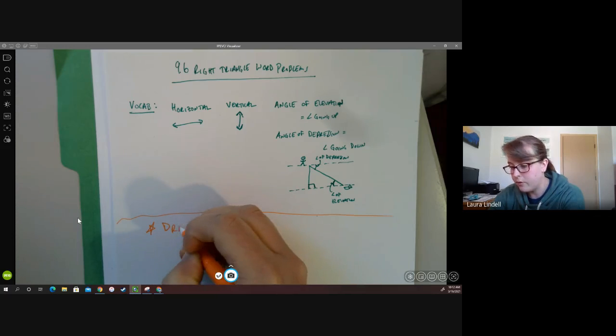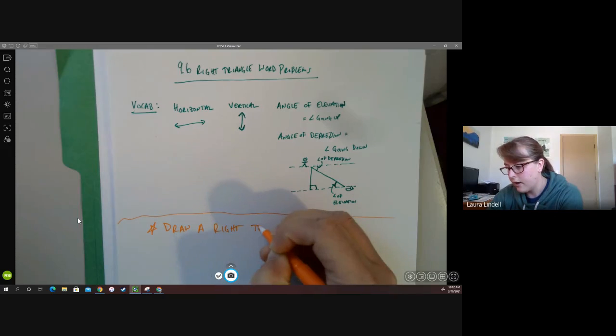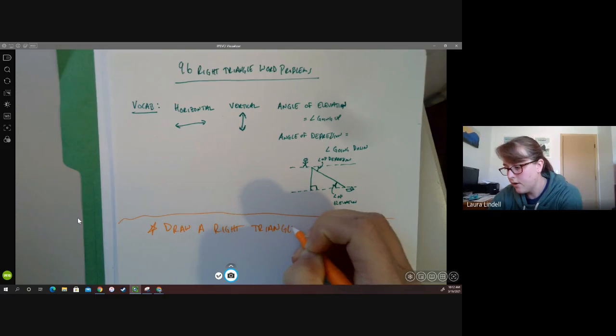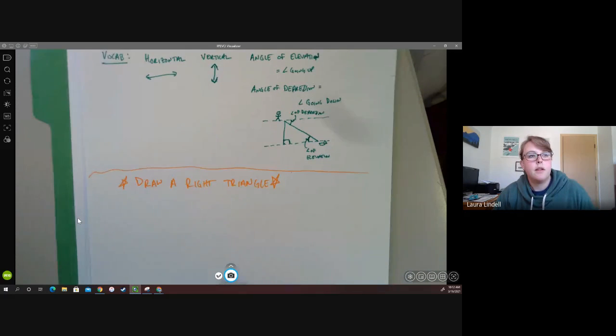If there is not one, you want to draw a right triangle. You can get as fancy as you would like with your artwork, or as unfancy as you would like. As long as you know where things are located, you can just draw a simple right triangle and roll with it, as long as you label your sides correctly.